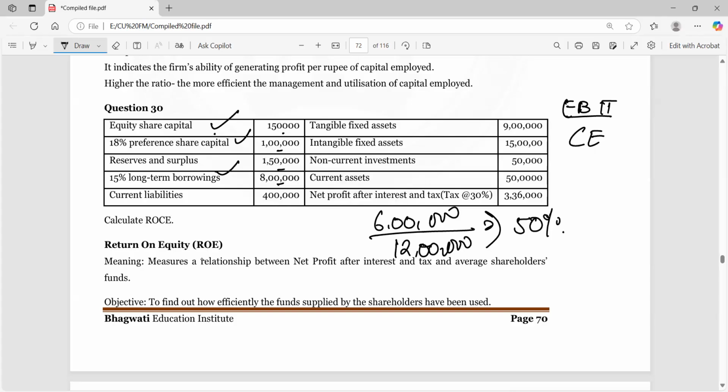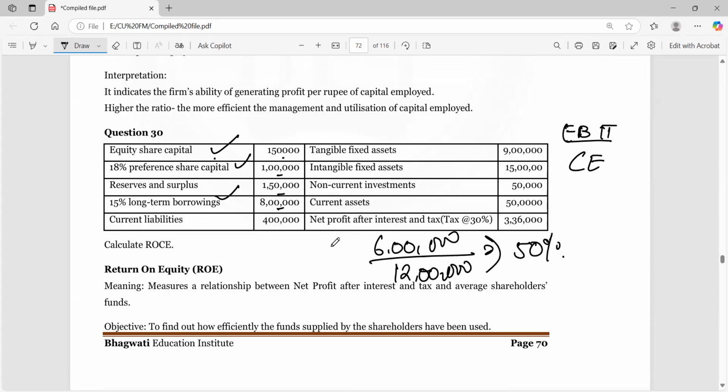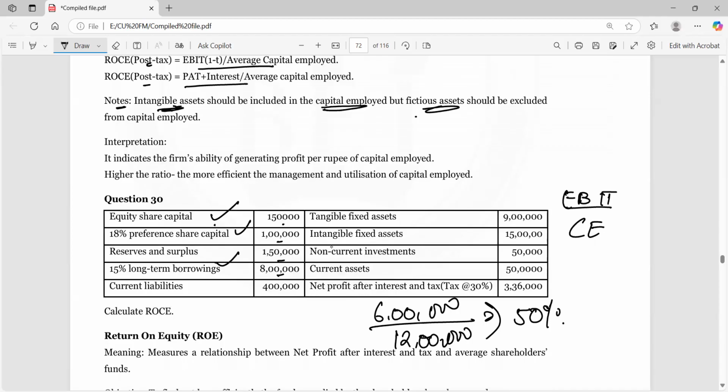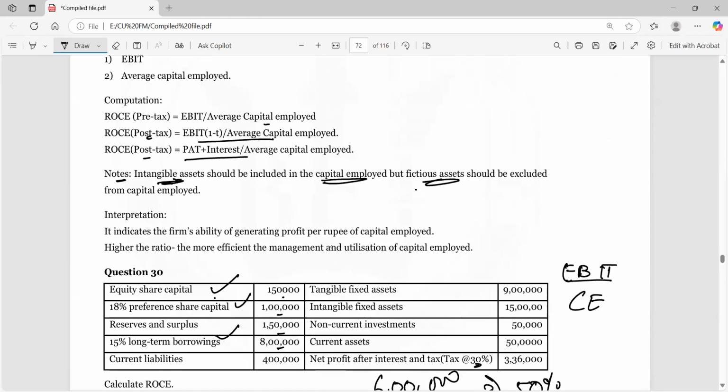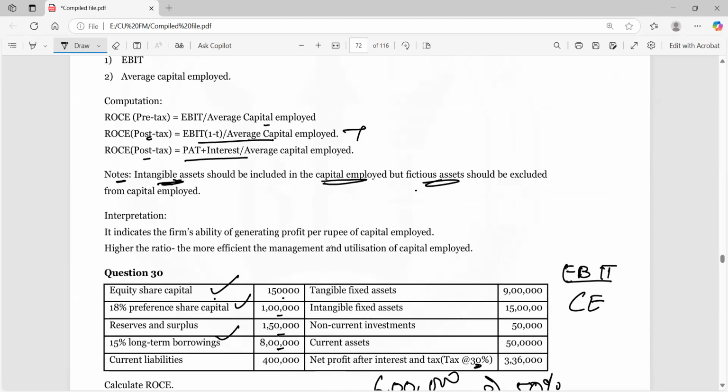So how much? 50% is the return on capital employed, pre-tax or post-tax? Pre-tax. What is the post-tax? Tax rate is given? Not given, but assume 30%. Oh, here it is there. Okay. So what are the post-tax figures? You can use either this formula. If you are using this formula, you will get 35%.